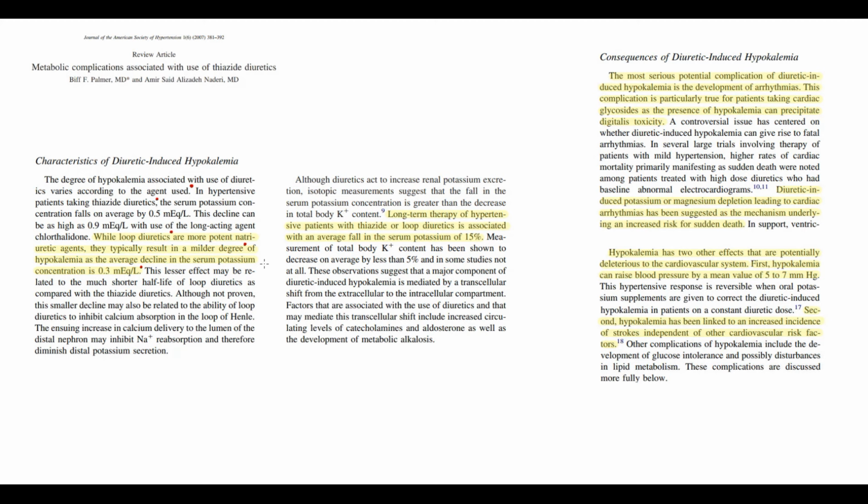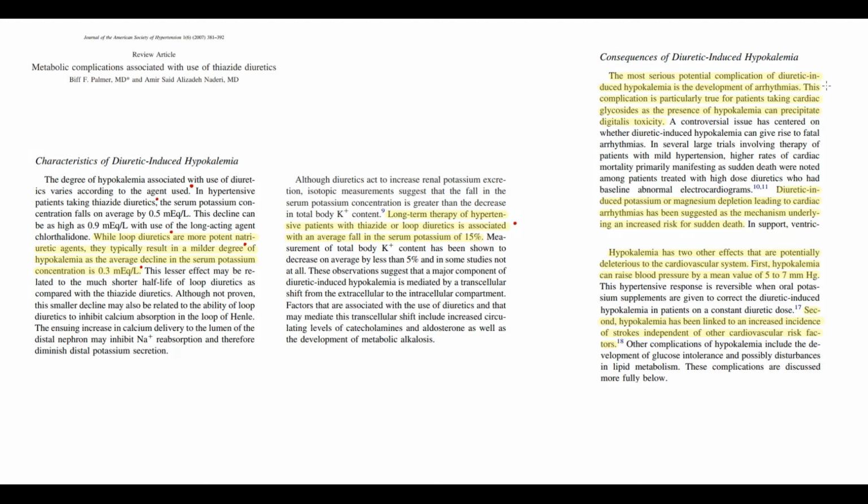The milder decrease in potassium level caused by loop diuretics is most probably related to a much shorter half-life of loop diuretics compared to thiazides. Long-term intake of thiazides and loop diuretics can cause a 15% decrease in potassium level, which is quite significant.